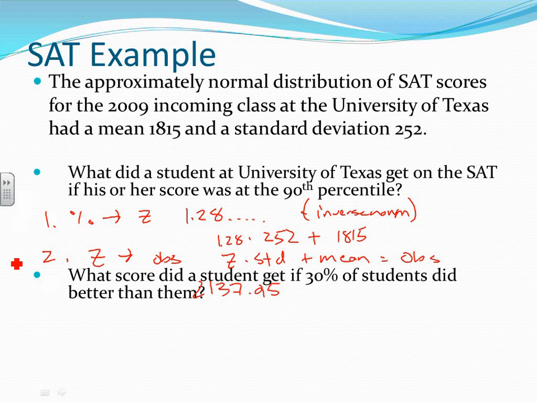What score, this is your turn, this is a challenge, here we go. What score did a student get if 30% of students did better than them? Go. Good.